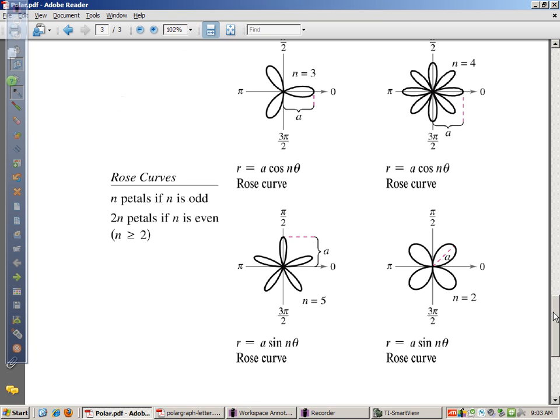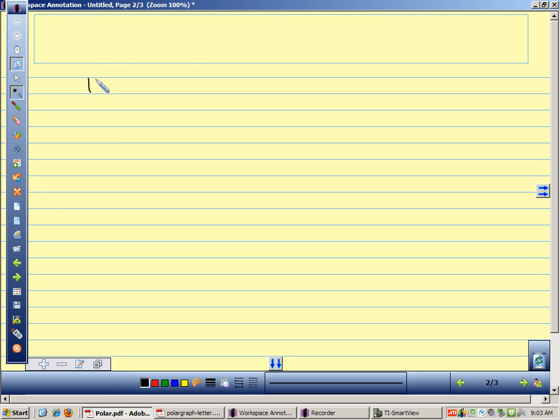Any questions on graphing polar equations? All right. Homework. This is your last homework assignment other than your project. There is a review for the test, though.